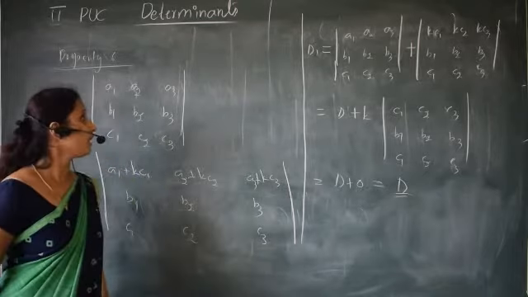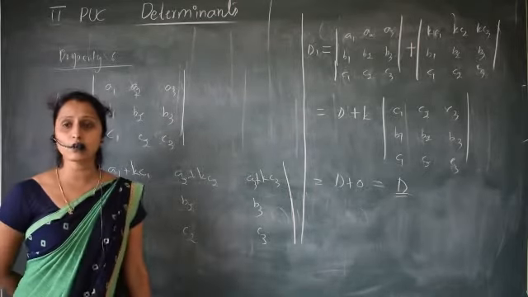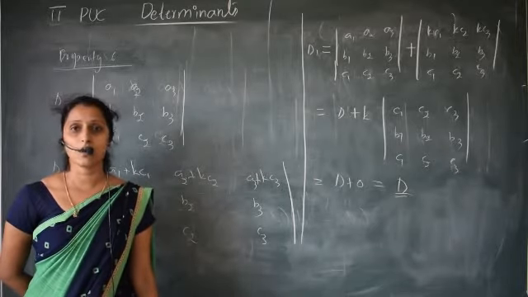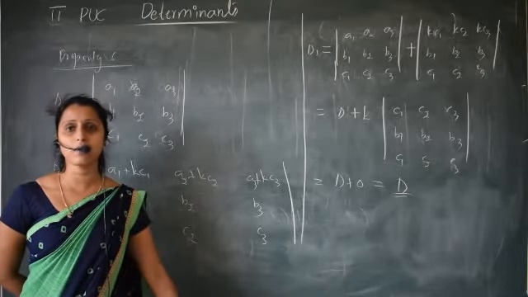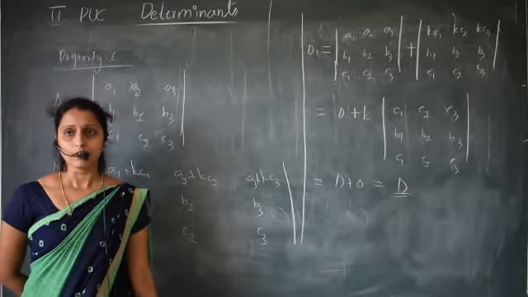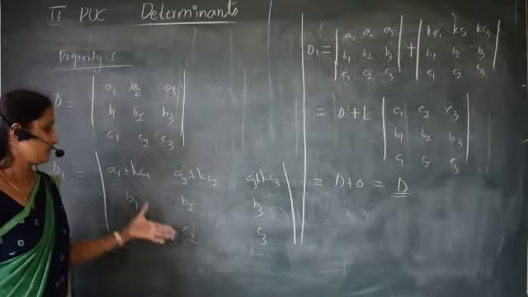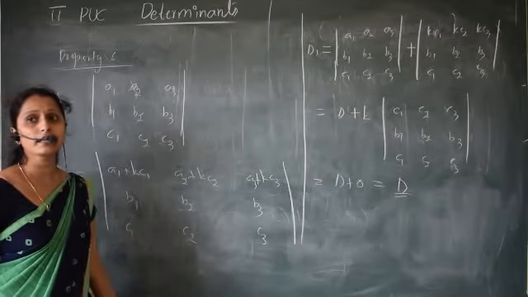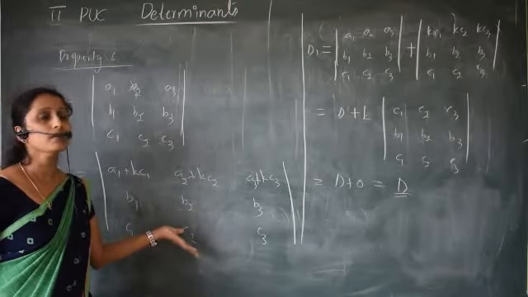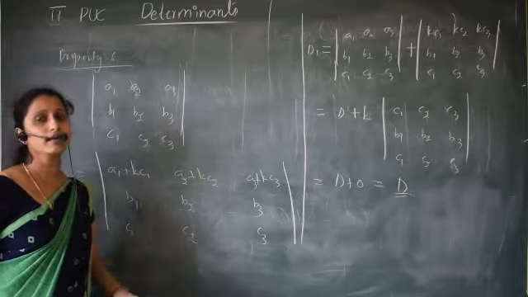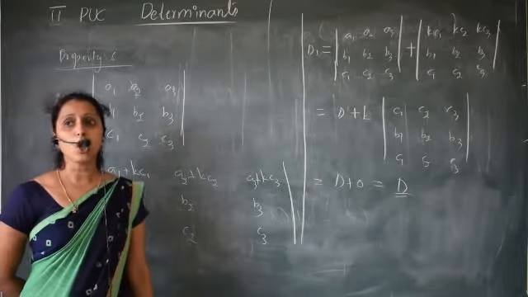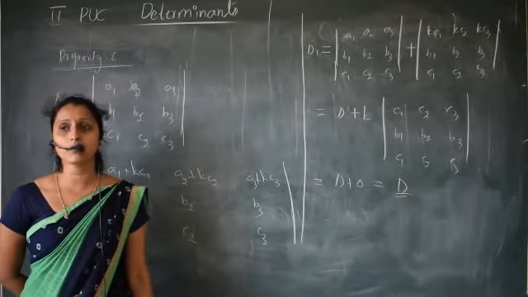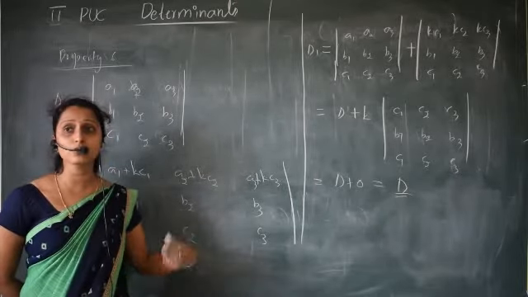See why we are using this: if the elements or numbers are given, we can directly expand along R1, R2 or R3 and find the answer. But when complicated terms are given, or the numbers are big, it takes a long process with lengthy steps to complete. In that case we have to use these properties to simplify.